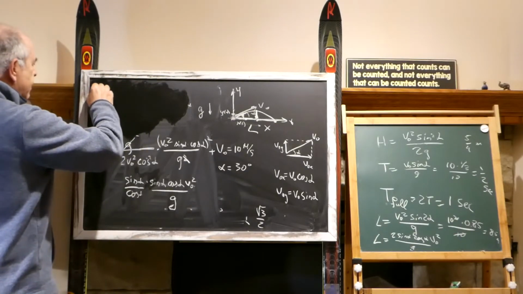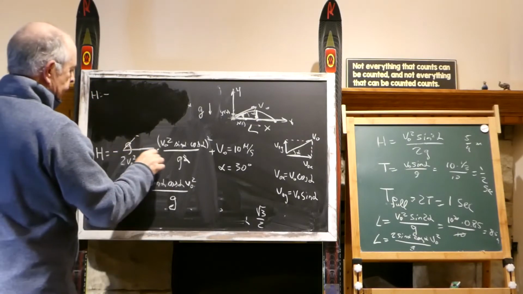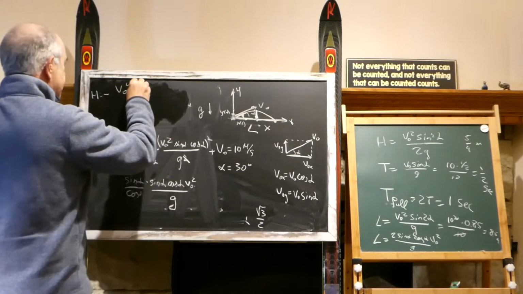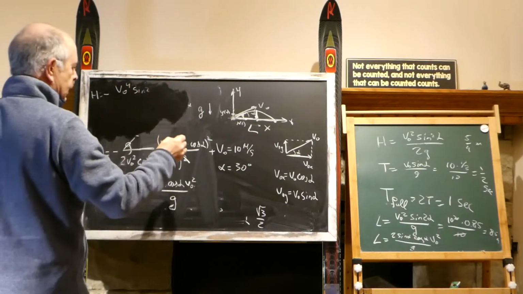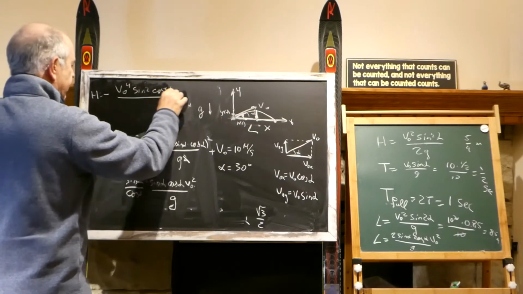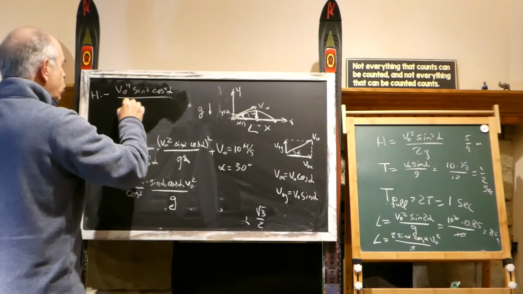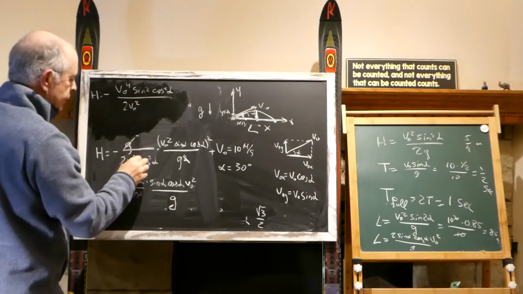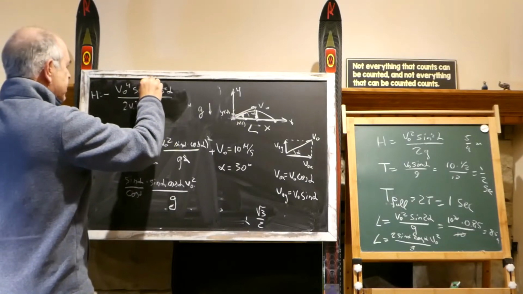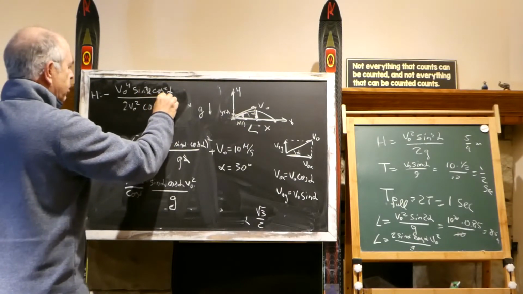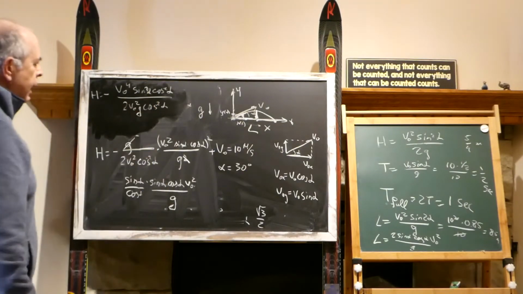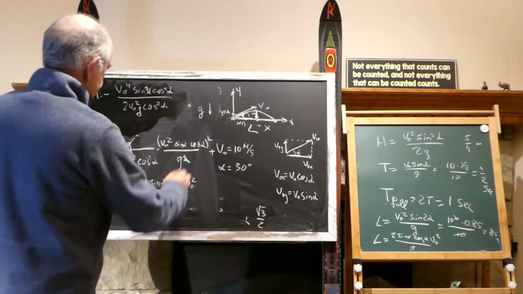This would be minus v0 squared, which would be v0 to the fourth, sine squared cosine squared divided over 2 v0 squared cosine, this would be sine squared of alpha, cosine squared of alpha, and this would be g, right? This I dealt with.